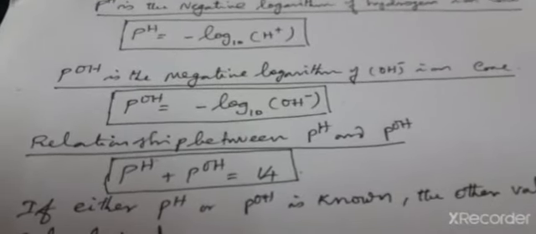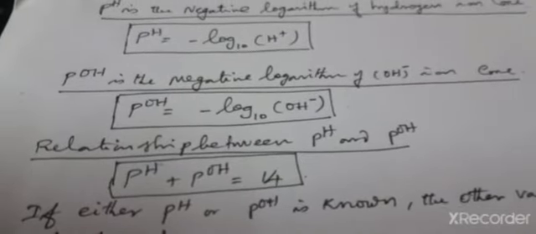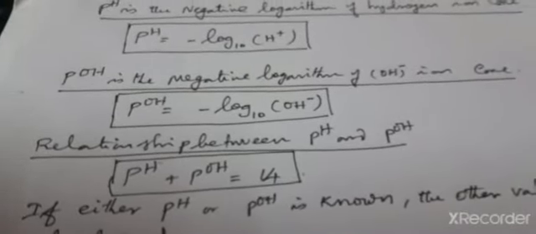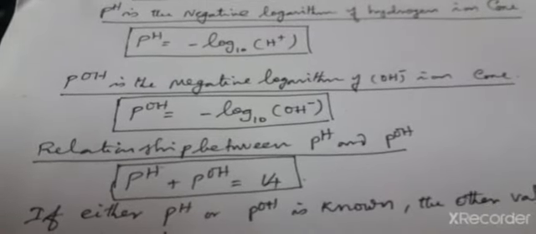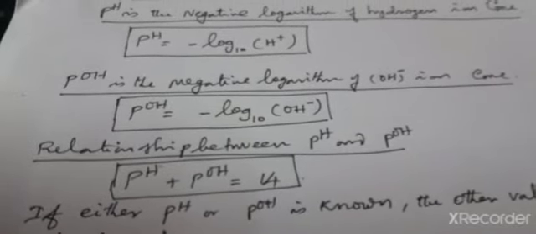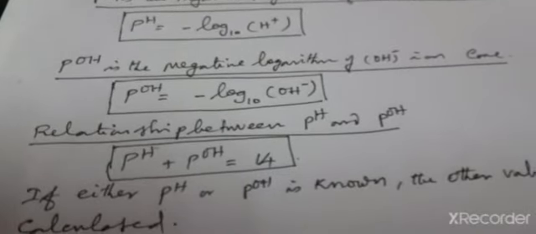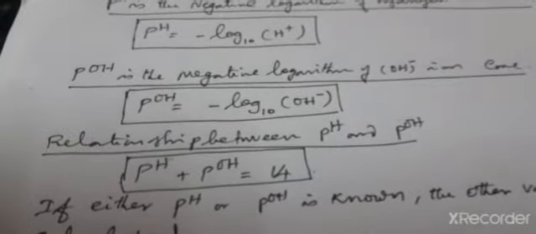That is why pH plus pOH is equal to 14. Already we learned that pH value less than 7 means the solution is acidic in nature. pH greater than 7 means basic in nature. Suppose pH is equal to 7, that is neutral. So the sum of pH plus pOH is always equal to 14.